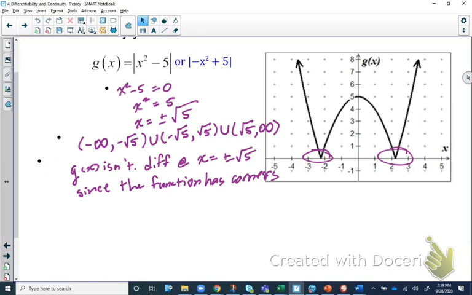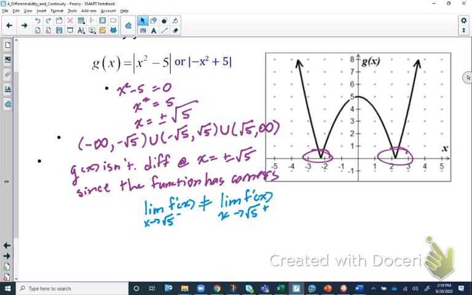And we could also look at it, not graphically, but a little bit more from a calculus standpoint, because again, to imply that a function is going to be differentiable at a point, we have to be able to show that the limit of the derivative as x approaches, in this case, radical 5 from the left-hand side, does not equal the derivative's limit as we approach radical 5 from the right-hand side.